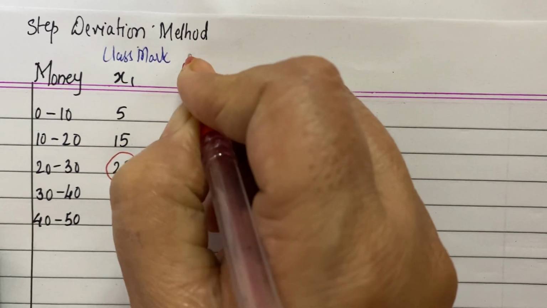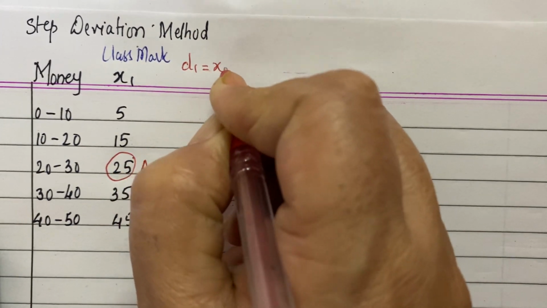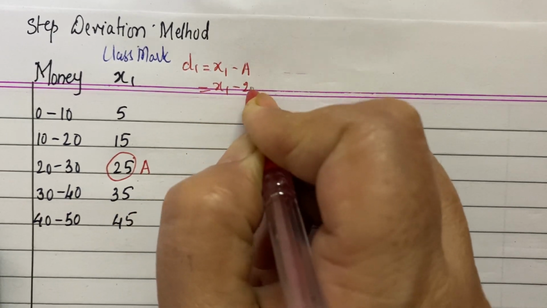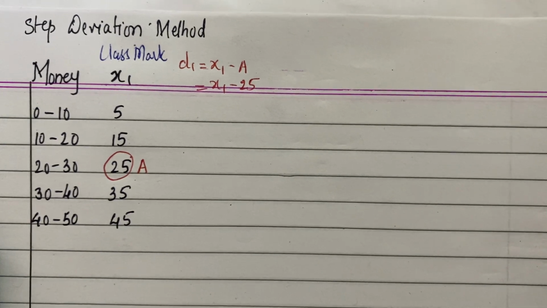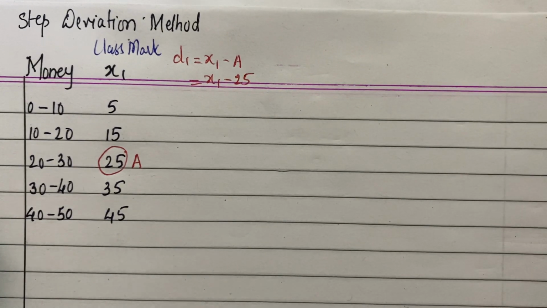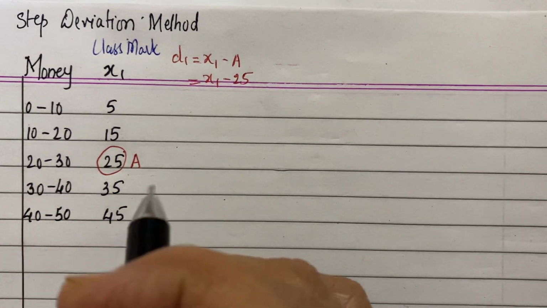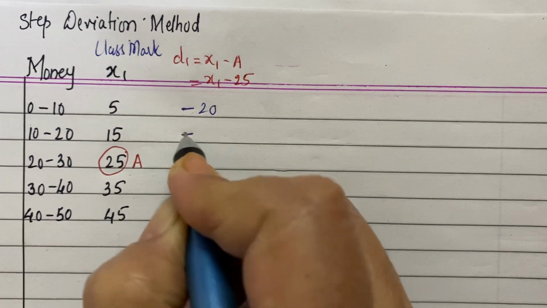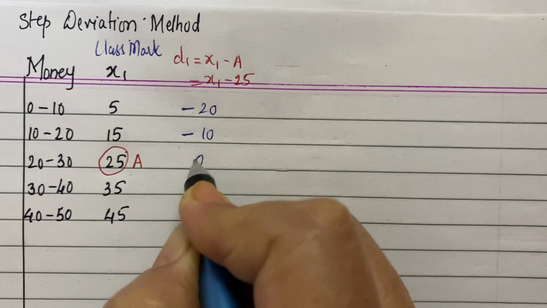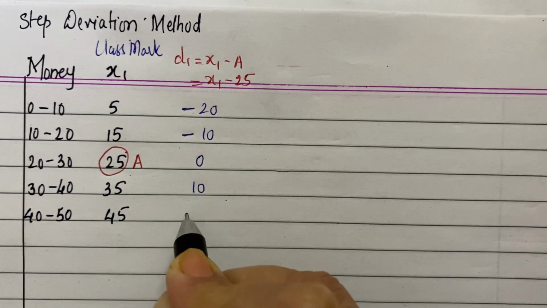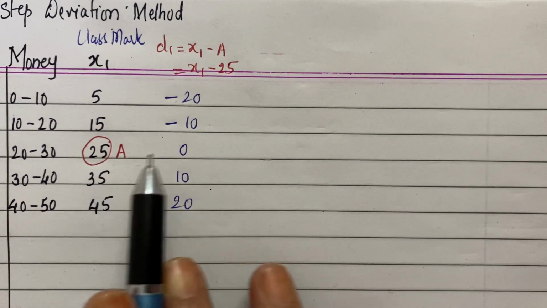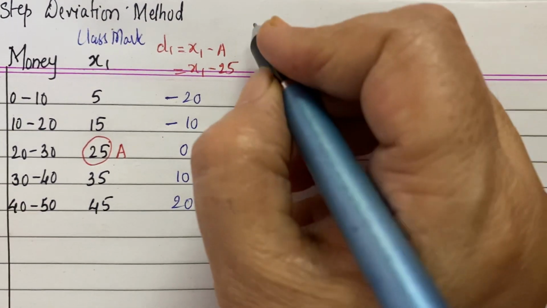The di is given by xi minus A, which is xi minus 25. So what do we get the deviations as? The deviations that we get over here are minus 20, minus 10, 0, 10 and 20. Now in the next column we are going to find out ui.